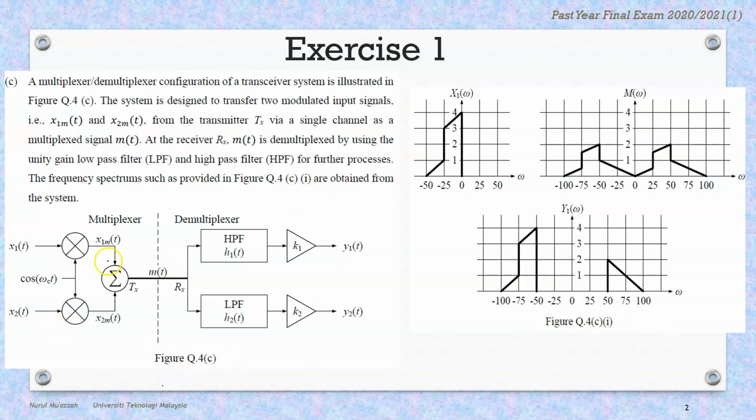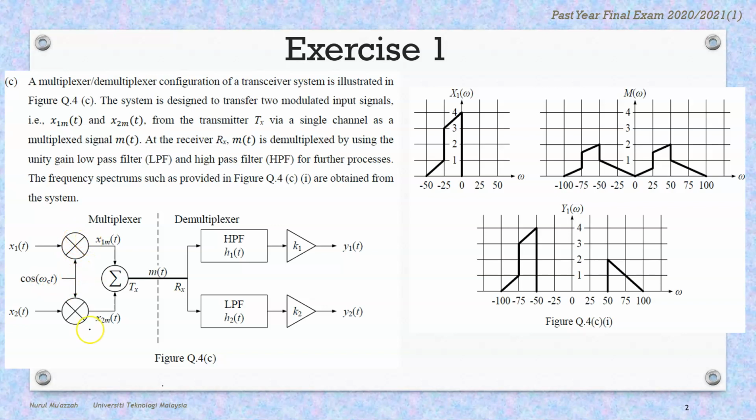To summarize this question, basically we have a transceiver system. We have this part, which is the multiplexer, and this is the demultiplexer part. At the multiplexer, the inputs are two signals, X1(t) and also X2(t). Both of these signals are modulated using carrier frequency cosine omega c t.